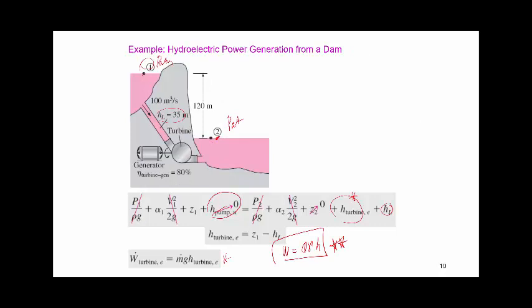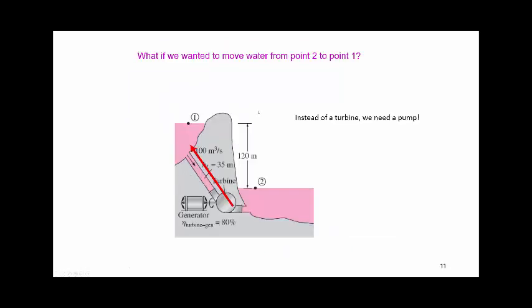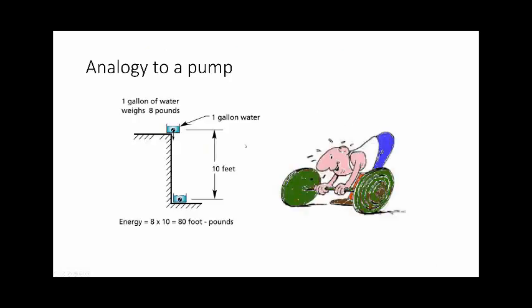You're moving the water from point 1 to point 2, so it's a turbine. You're using that energy that is provided by the difference in elevation. If you wanted to go up, then you know you have to overcome 120 meters plus the other losses. Okay?